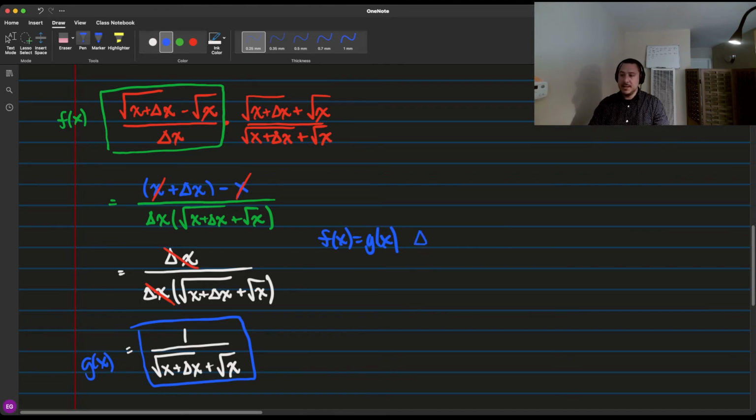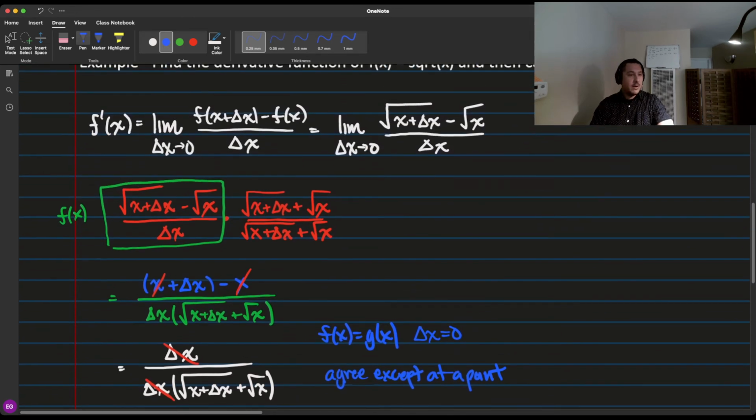Yeah, delta x is equal to 0. Because if you plug in delta x equals 0, you get 0 on the bottom of this one, undefined. That's why you couldn't use direct substitution. But you can actually plug that into g of x. So these two functions agree except at a point. And when two functions agree except at a point, their limits are equal to each other.